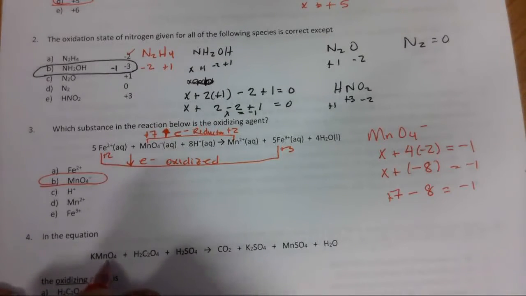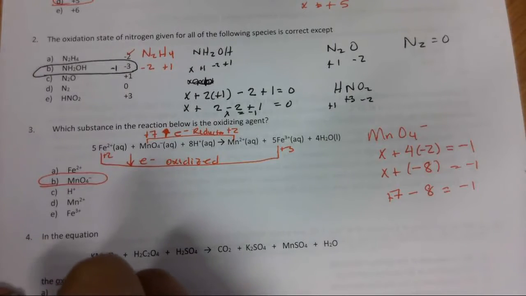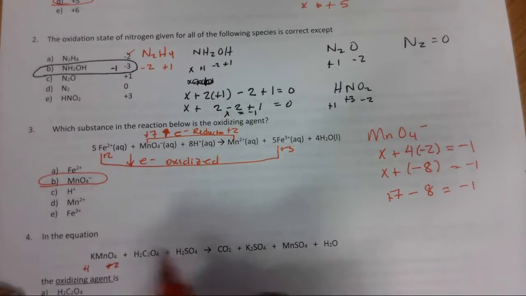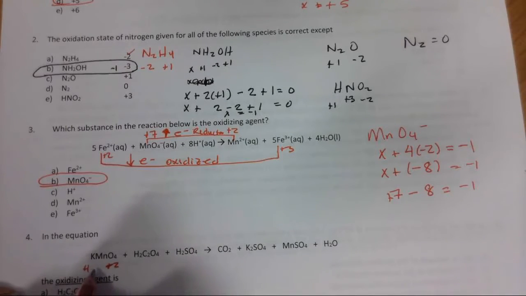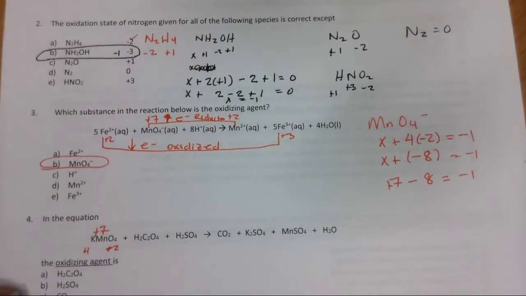Now this time, it's not an overall charge of -1. Here we've got this potassium ion to offset that. So what do I have? I've got a -2, so that's -8, and +1 is going to give me a -7. So this guy has to be a +7 to offset, right?